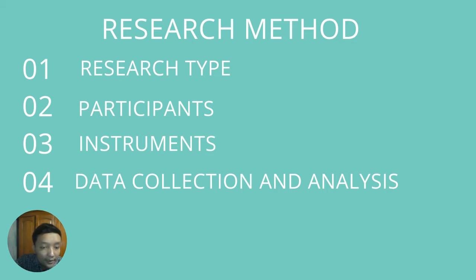Instruments: the study used spatial intelligence tests, geometric problem-solving skills tests, and structured interviews. The geometric problem-solving and interview instruments were validated by 3 experts in mathematics, while the spatial intelligence test instrument was validated by 4 experts in psychology.